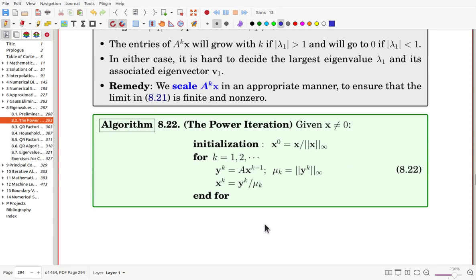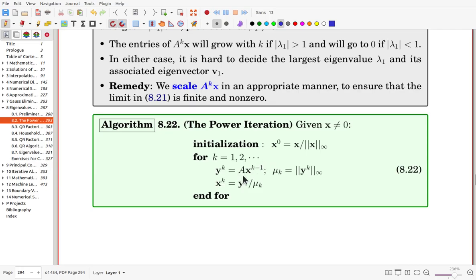Let's see a pseudocode of the power iteration. Start with a non-zero vector x. Now we initialize the iteration x0 by scaling its magnitude in L infinity norm. So the length of x0 in L infinity norm is 1.